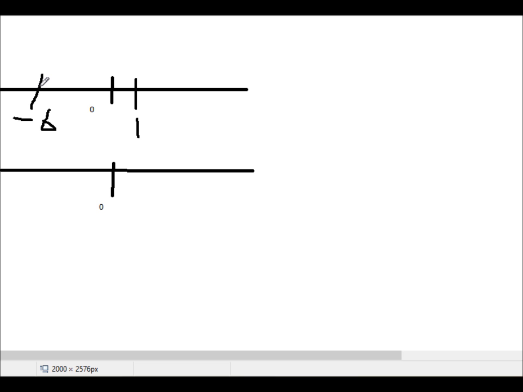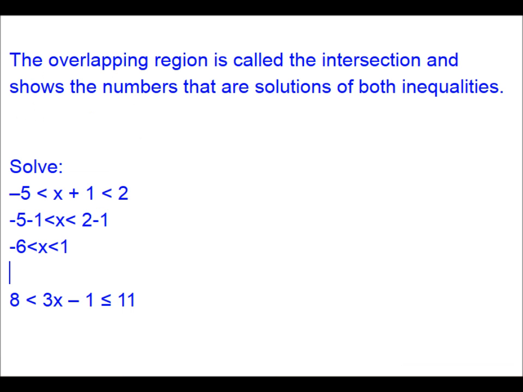So when plotting on the number line, the solution is between minus 6 to 1, but since this is not included, we will not fill the dot. We'll just draw a circle which will signify that it is not including minus 6 and 1. So the solution is x is starting from minus 6 to 1, not including minus 6 and 1.